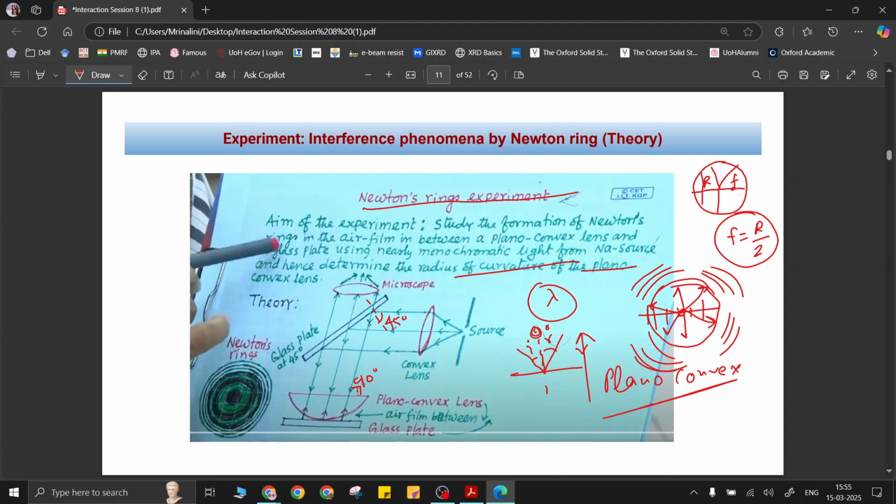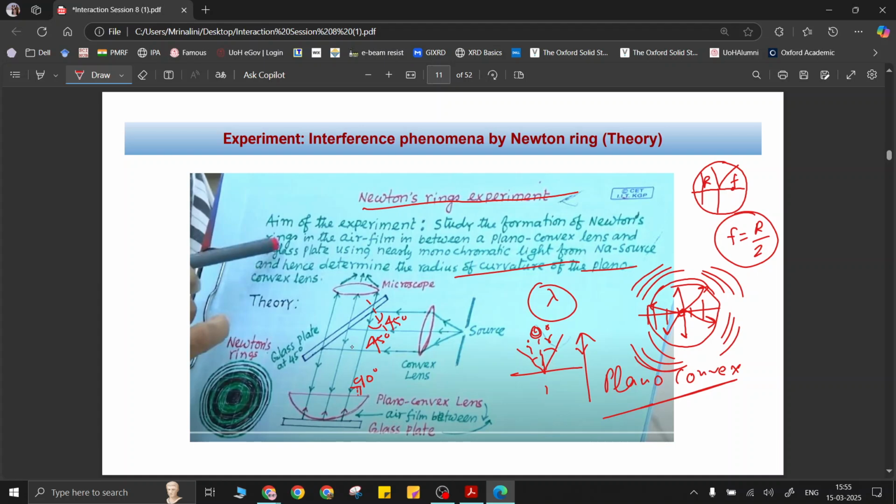That means the angle of reflection will also be 45 degrees, and together they will make 90 degrees. That means the path of the incident light has changed by 90 degrees, and since it's hitting this plano convex lens perpendicularly, after reflection it will also come back and trace the same path.